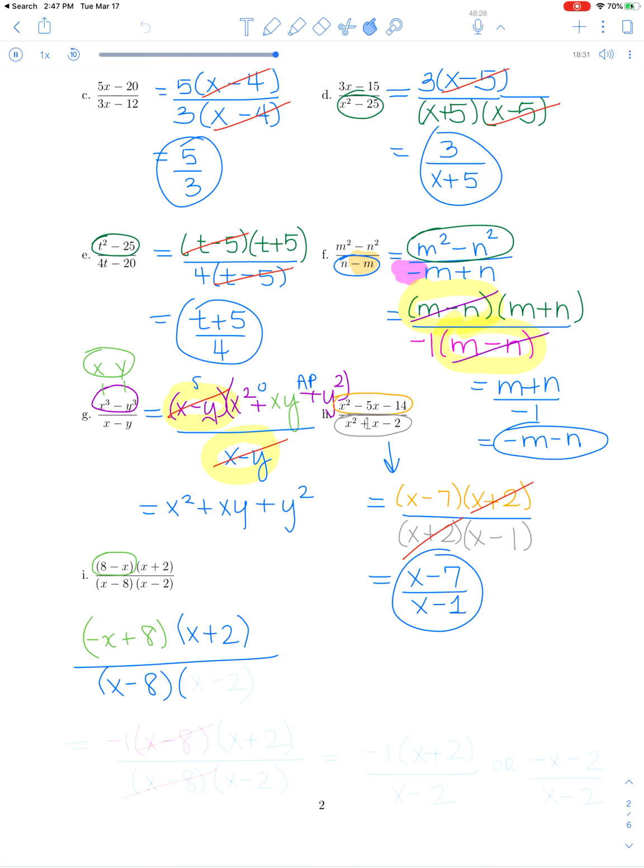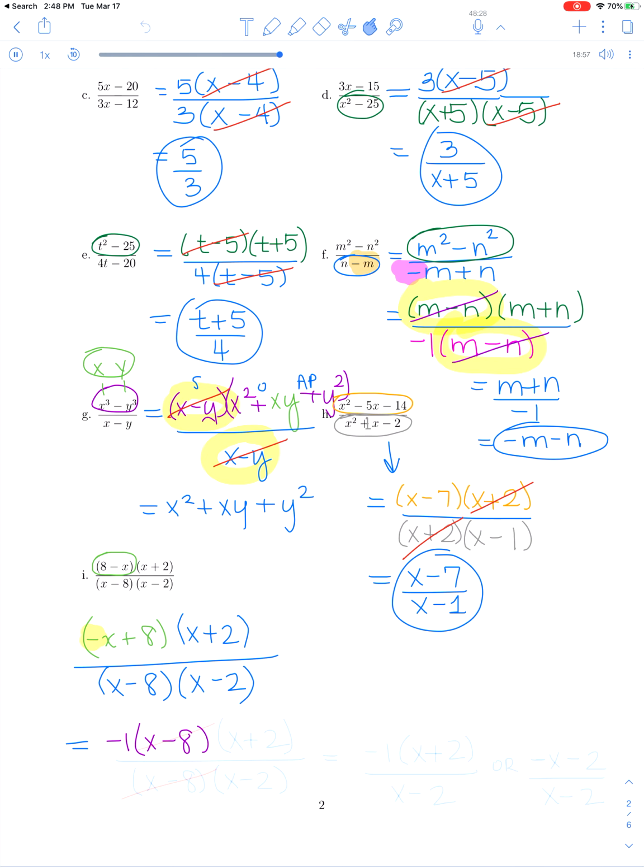Now, notice that the term that we just reordered has a negative out in front. Remember, if we have a negative out in front, we want to factor out a negative or a negative 1, which will switch all the signs, which means the x will become positive and the 8 will become negative, which again is not a coincidence.